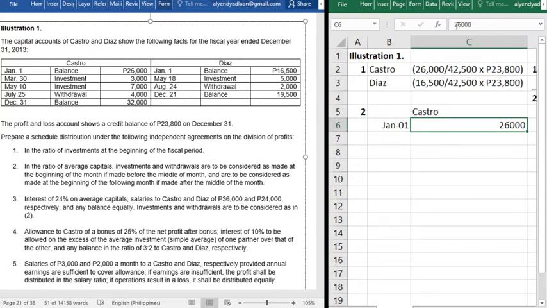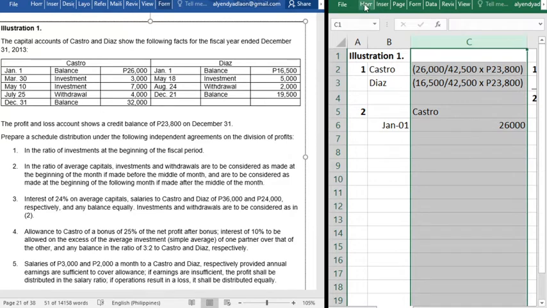Since the 26,000 is not always 26,000 up to the end of the year, we have to get the fraction of how many months the 26,000 remained. So again, this is 26,000.